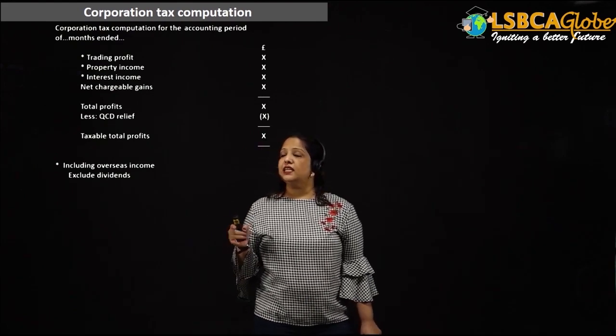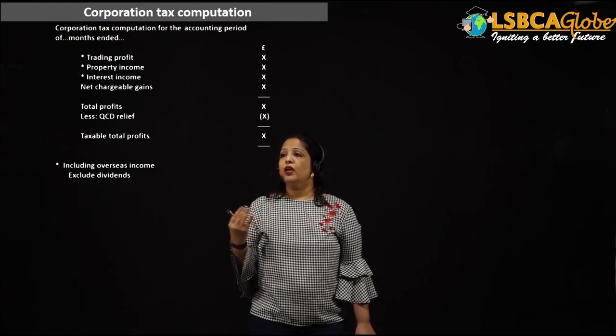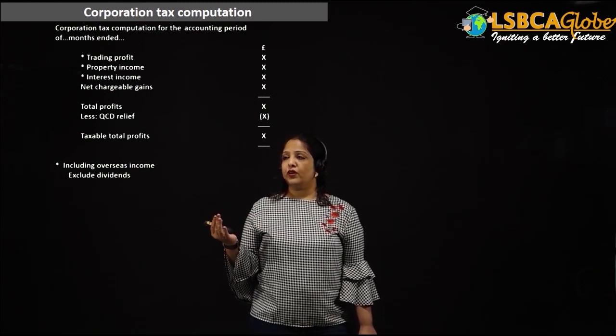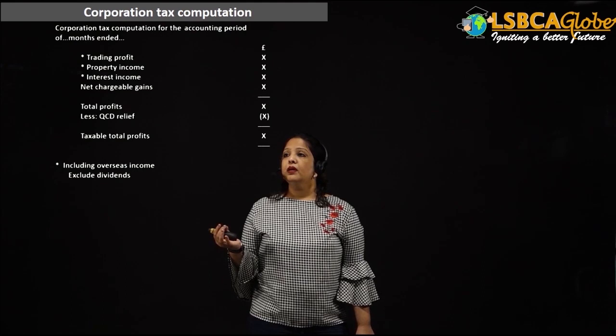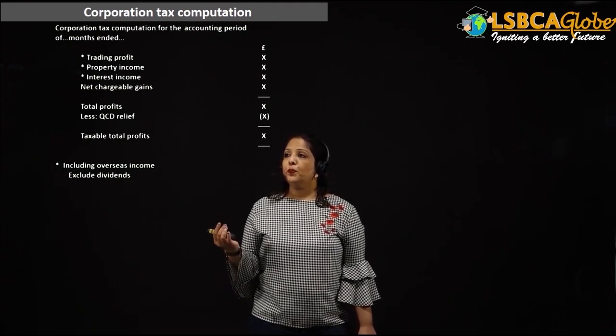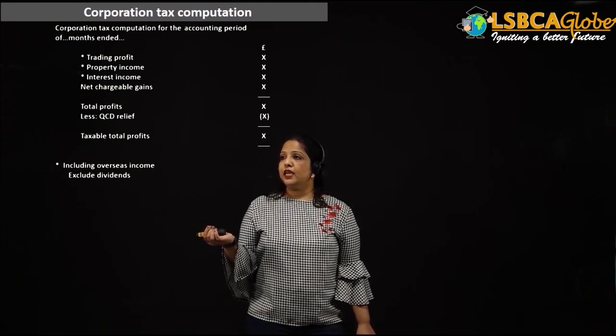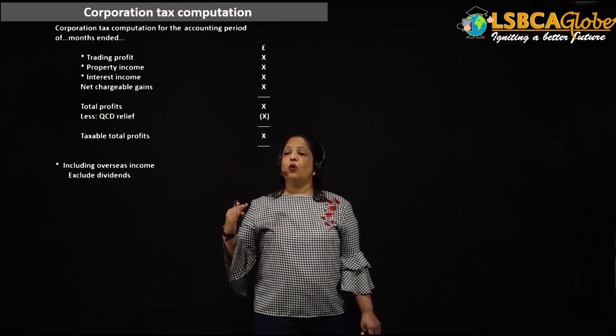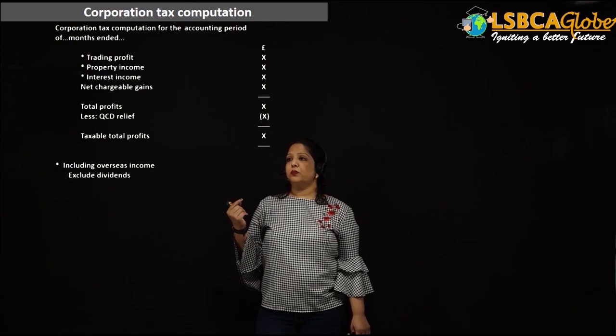Now class, this is the format. We discussed it in the earlier class, what types of incomes there are in the case of a company: trading income, interest income, property income, chargeable gains, miscellaneous income. When we add it all, we get the total profits.